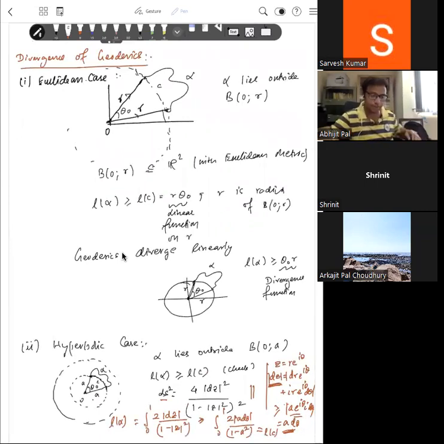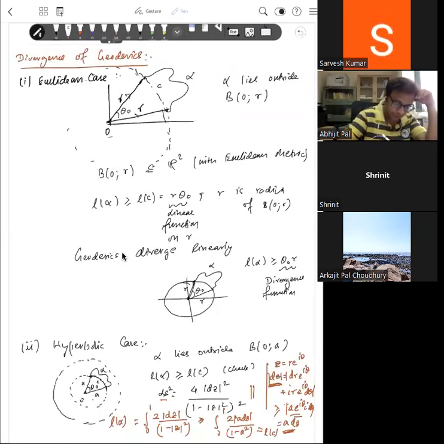What do you mean by divergence of geodesics? Let us first start with R2 with the Euclidean metric. Let us first observe something before going to the definition of divergence.